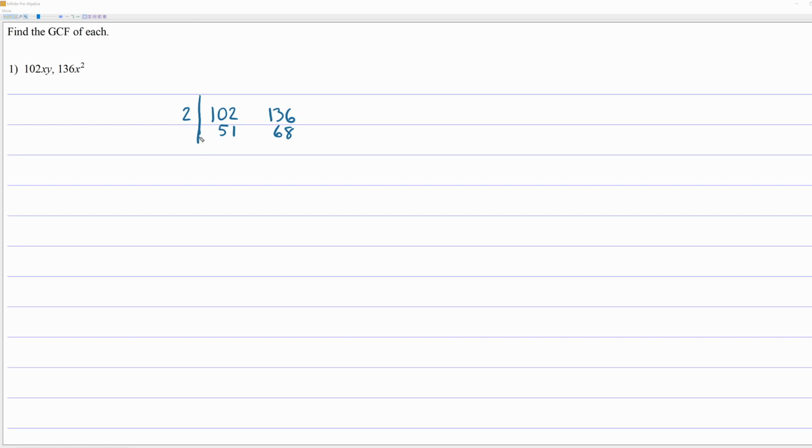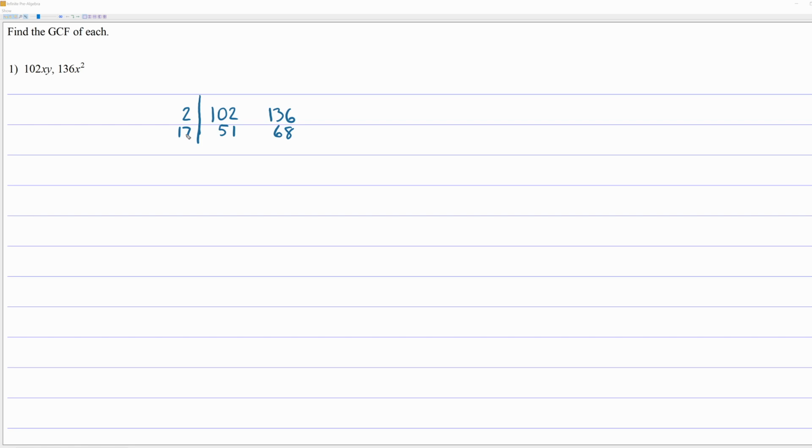And I do this again. I look for another common factor if there is one. And you'll see in this example why this can be a little bit difficult. If you're just doing some mental math, you might think, well, I don't see a common factor for 51 and 68. And the reason is they have kind of an unusual common factor in 17.